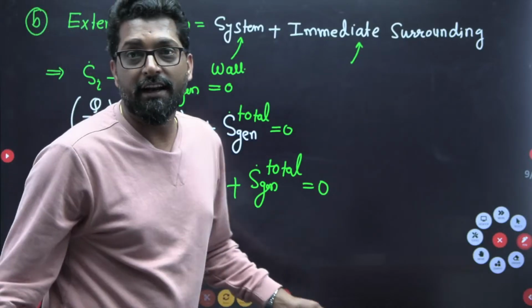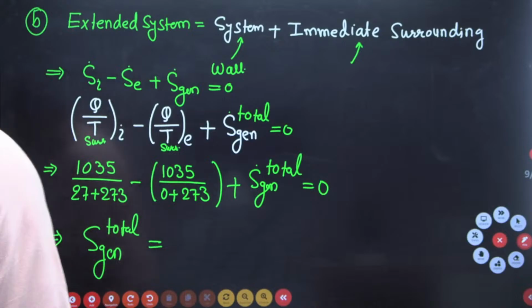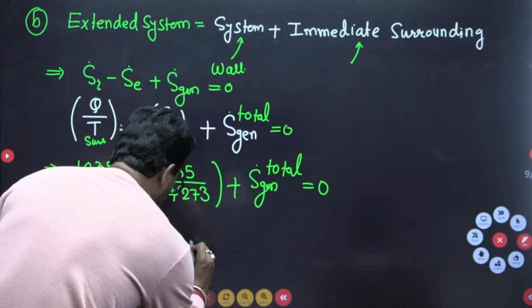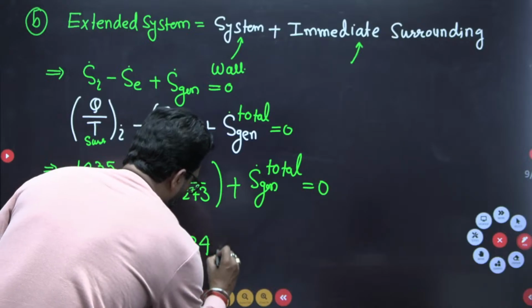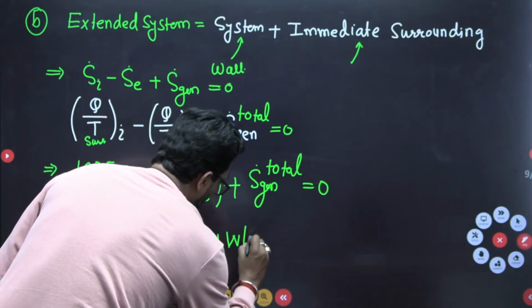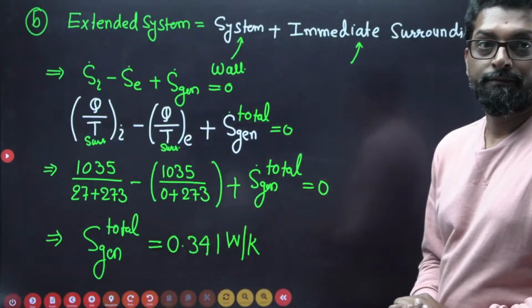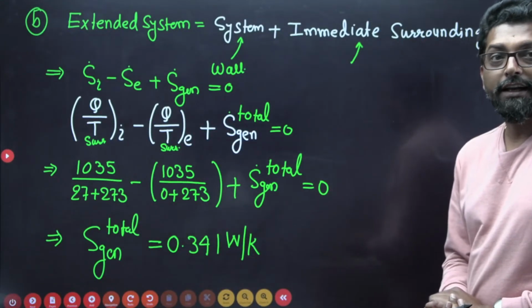The answer is 0.341 watt per Kelvin. So this is the total entropy generation.